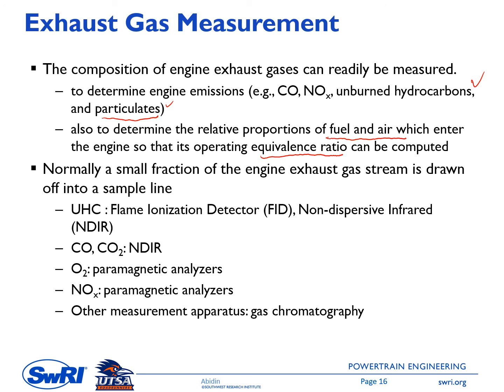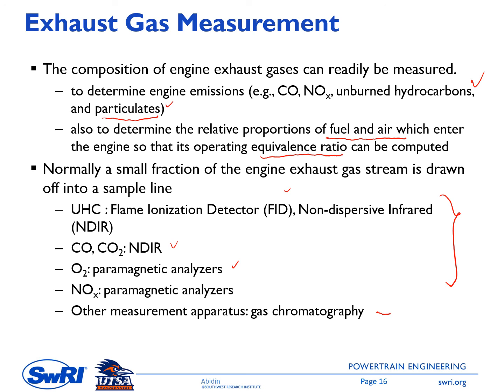These are several measurement tools that are used to get the composition. For example, for CO and CO2, we use NDIR. We might use FID to get unburned hydrocarbon, and for oxygen, we might use a paramagnetic analyzer.